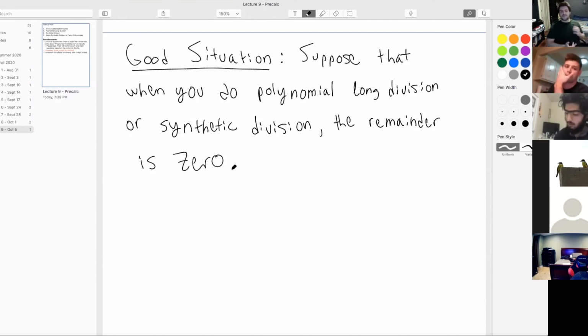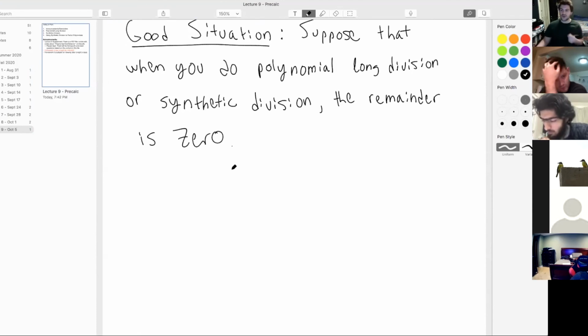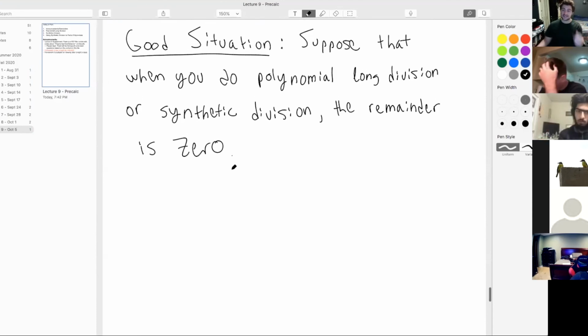All right, so this is a very nice situation, and the reason being, which I will formalize, but let me just explain it verbally. The reason is because when the remainder is 0, we can get a nice factorization of that polynomial that's in the numerator.